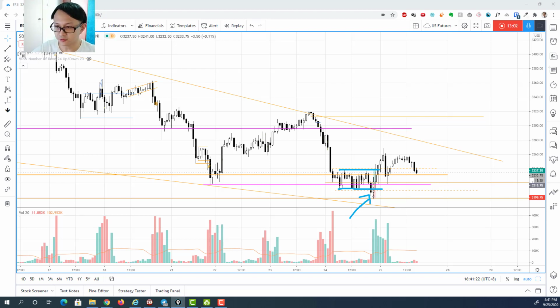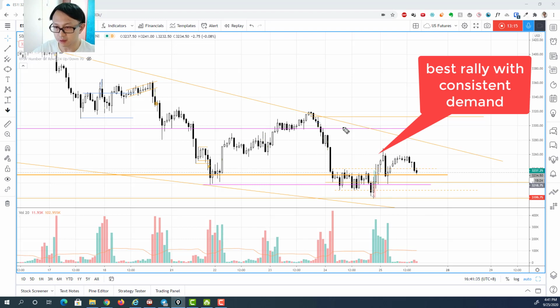You can see just a temporary one bar commitment below the trading range and then followed by a reversal up. And subsequently, this is some kind of the best rally in this down wedge here, and especially together with the consistent volume.